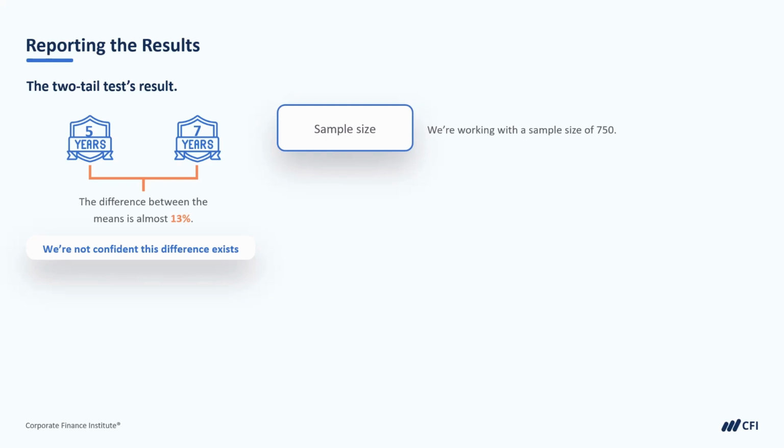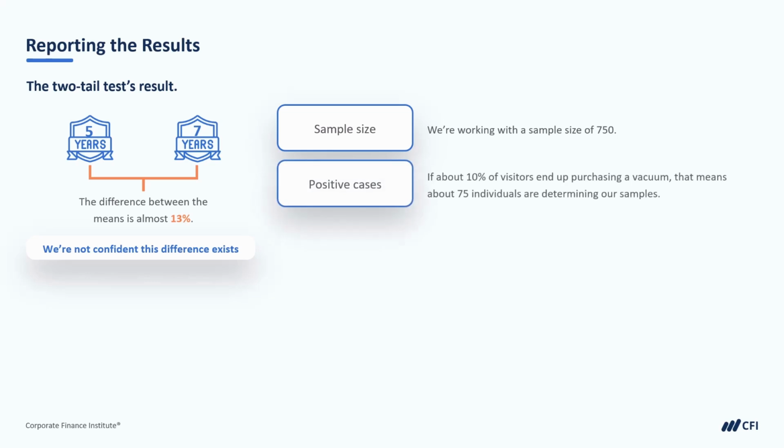Recall that in some situations, we may need much larger sample sizes. One such situation is when there is a low rate of positive cases. If you examine the observations in our data, about 10% of visitors end up purchasing a vacuum. That means our samples are being determined by about 75 individuals. That is a fairly low rate of positive cases.